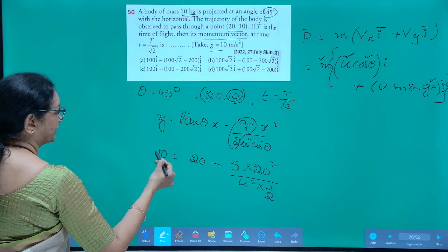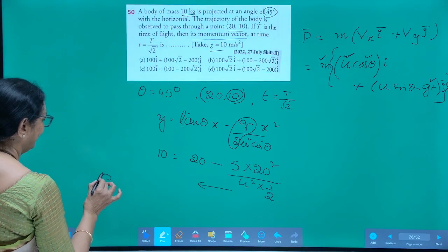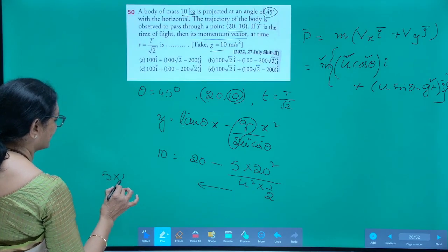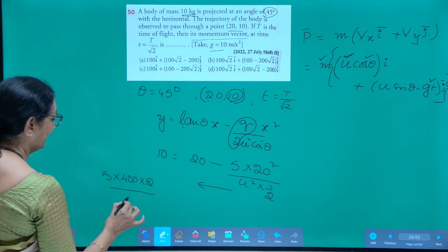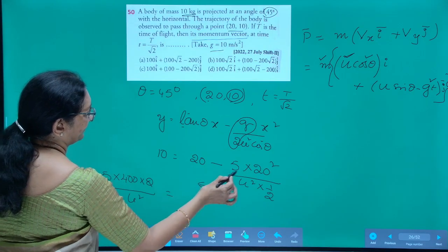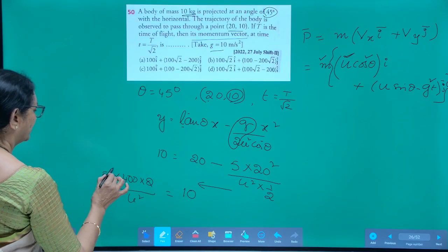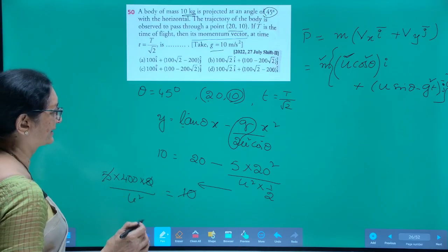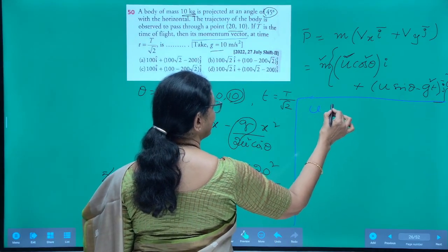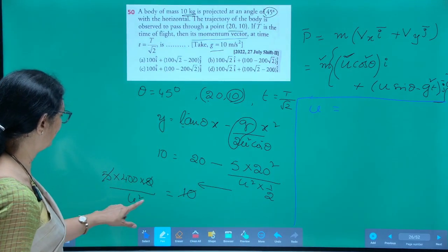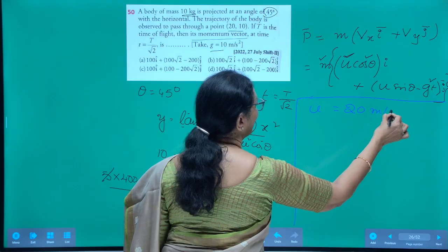If you bring this to this side, it becomes 5 into 20 square, 400, into 2 by u square, equal to, taking the 10 to the other side, 10. So, 2 fives are 10 and 10 gets cancelled. That implies u square is equal to 400, u is equal to 20 meter per second.